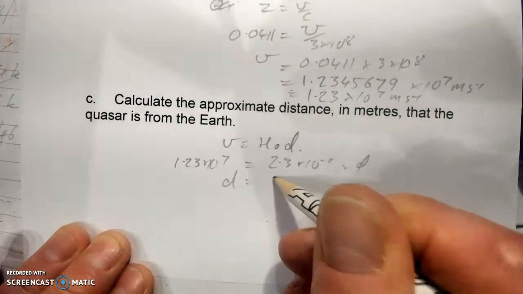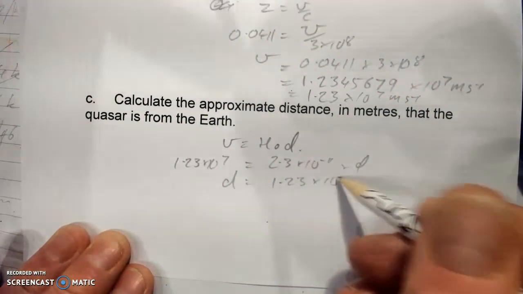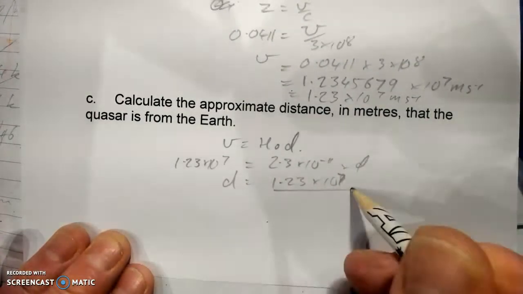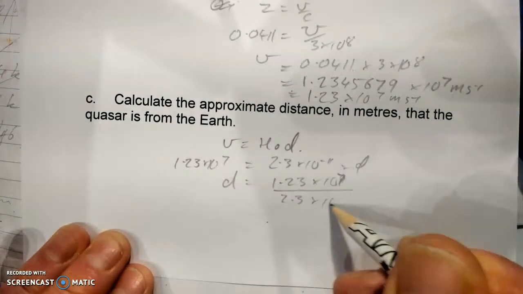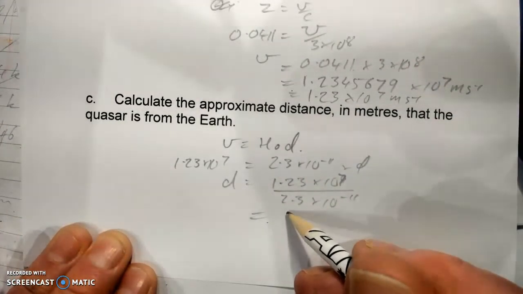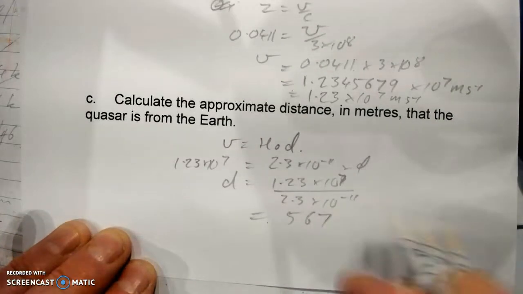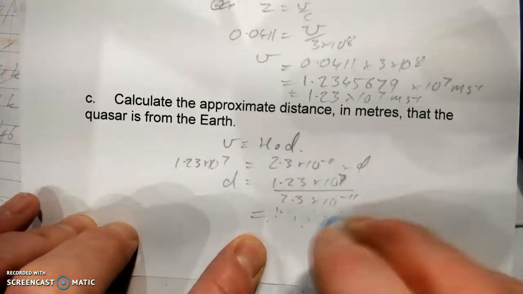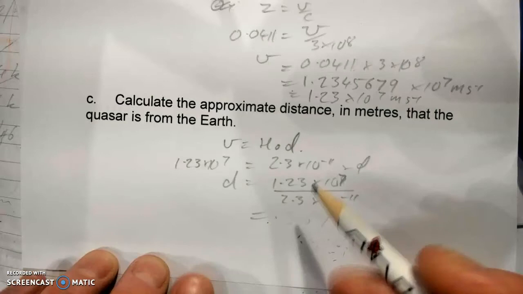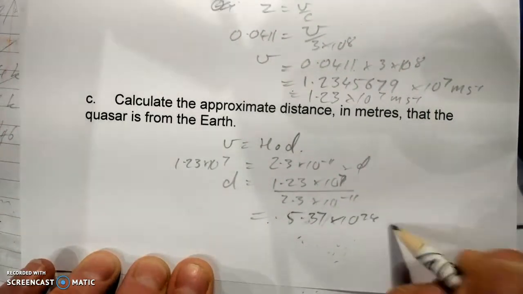So d is 1.23 times 10 to the power 7 divided by 2.3 times 10 to the minus 11, which gives a value of 5.37 times 10 to the power 24 meters.